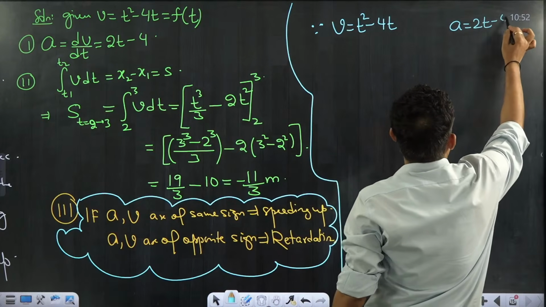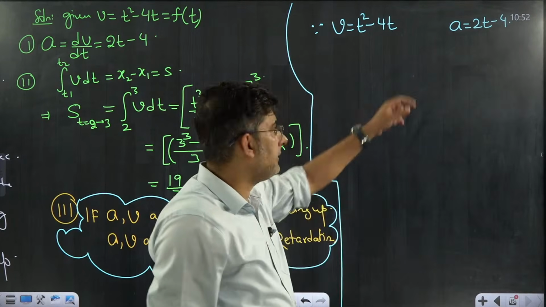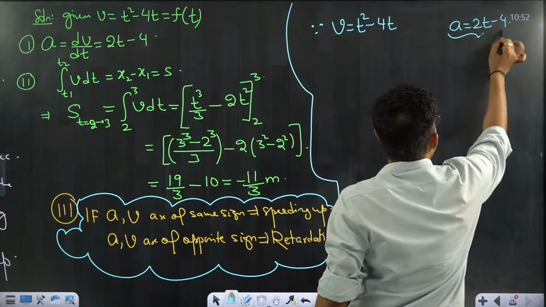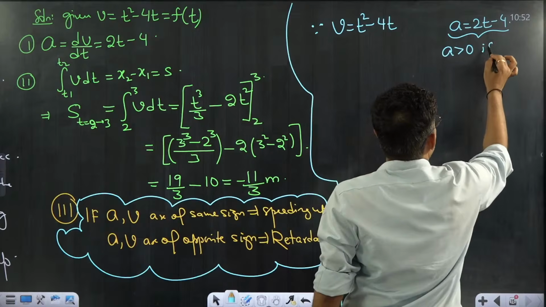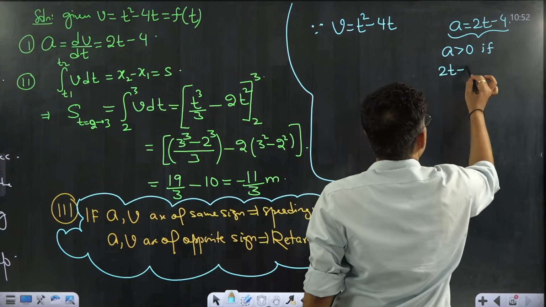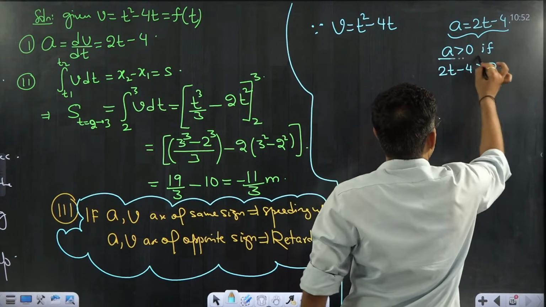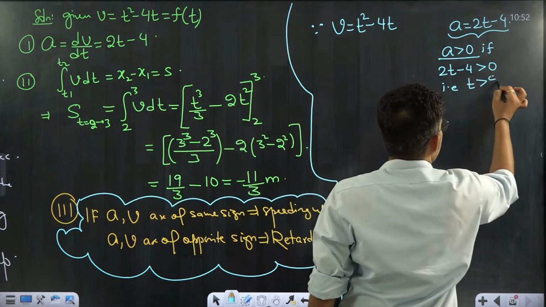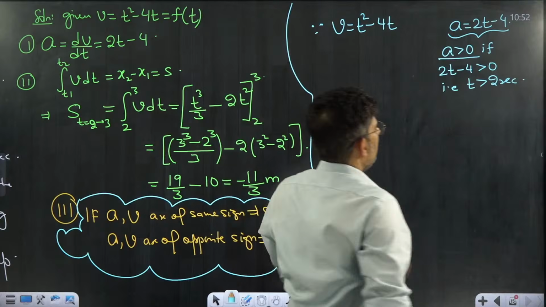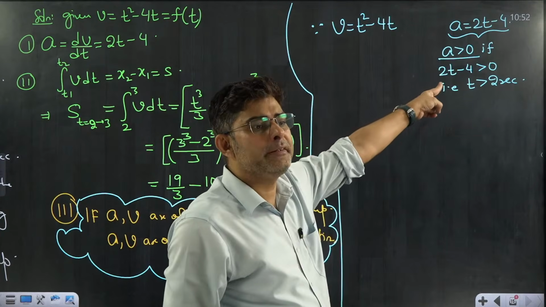Let's check the sign. Acceleration will be positive if 2t minus 4 is positive, that is 2t should be greater than 4, so t will be greater than 2 seconds. So acceleration will be positive if t is greater than 2 seconds.